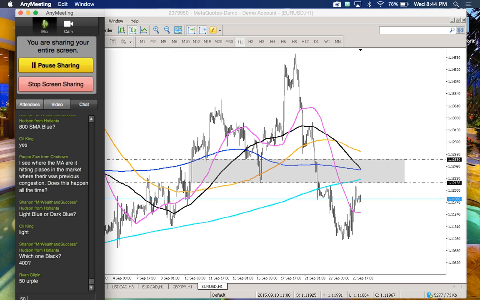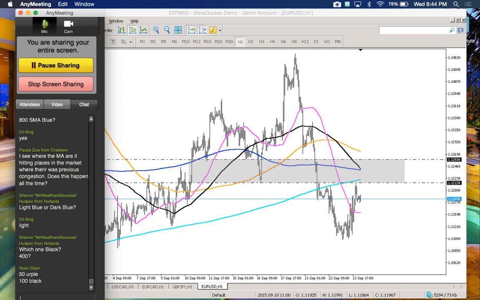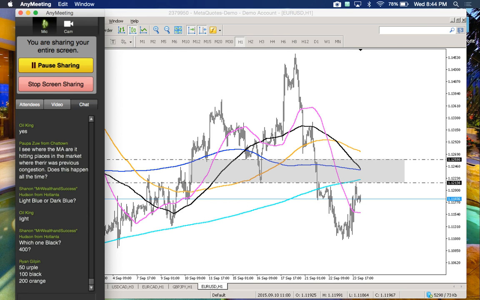But let me type it here. 50 is purple. 100 is black. 200 orange. 400 blue.